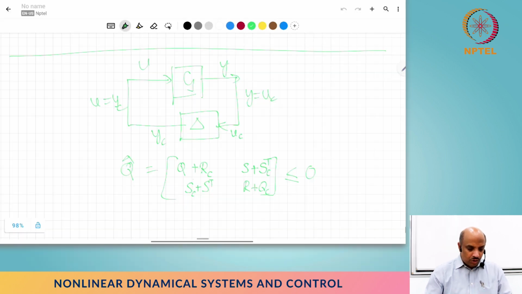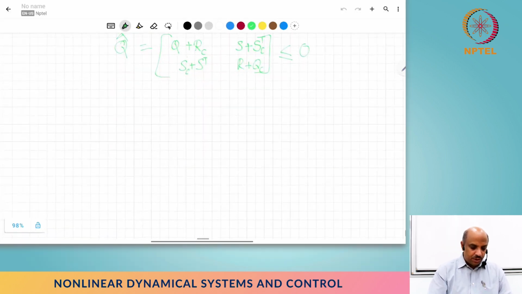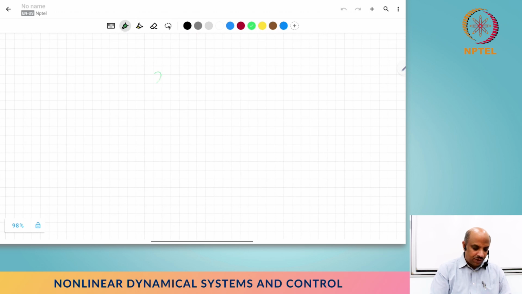If you recall, the linearization method essentially did something like this. If we have x dot equals f of x, I'm going to put control here, though we didn't discuss this particular problem specifically.